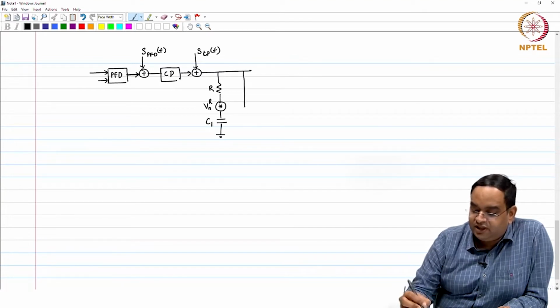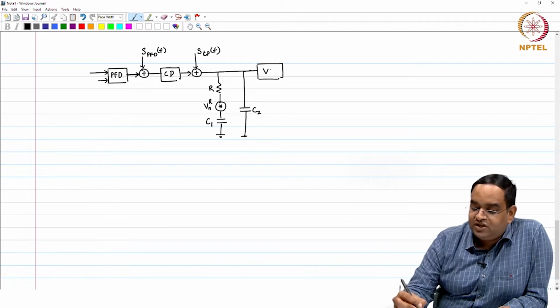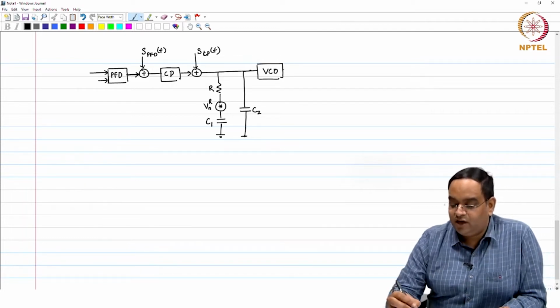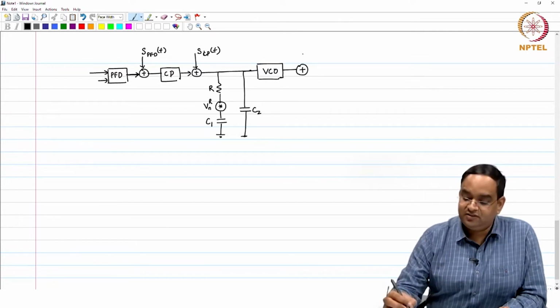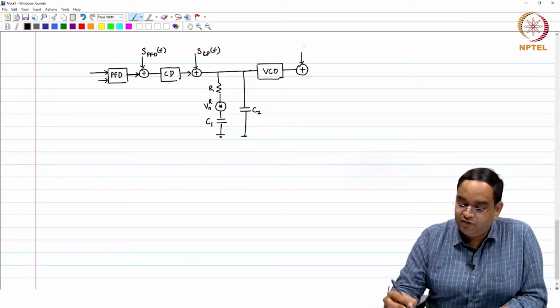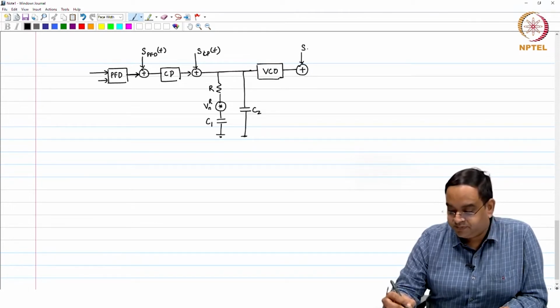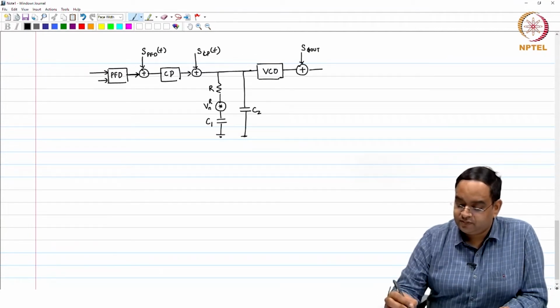You have capacitor C2, which also does not add any noise, and you have the VCO, which adds noise at the output. That noise is the noise of the oscillator, which is defined in terms of phase noise. Let us just find out what this phase noise is.